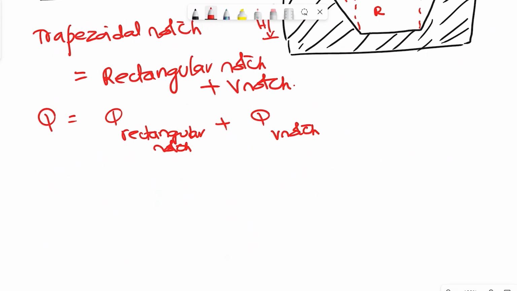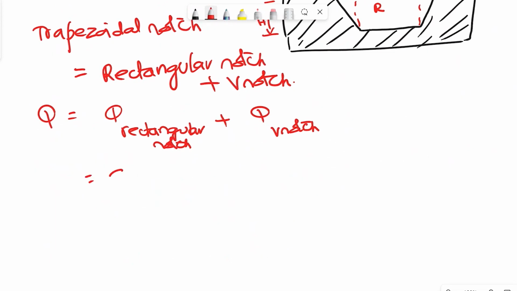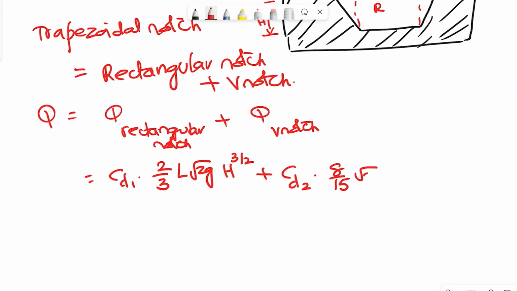So that means it is Cd1 into 2 by 3 L root 2g H to the power of 3 by 2, plus Cd2, this is the V notch portion, into 8 by 15 root 2g tan theta by 2 into H to the power of 5 by 2, where this portion is called L and this is theta by 2. So this is for the trapezoidal notch.